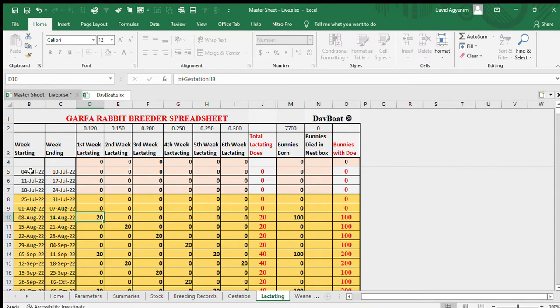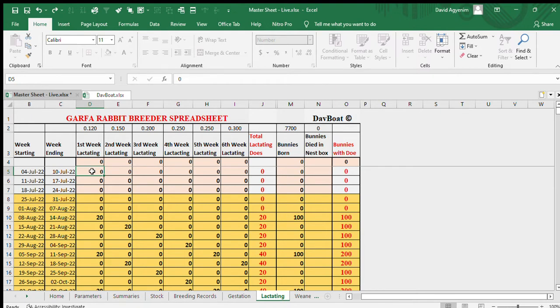So if you started from the 4th of July, you come here and change the number of does breastfeeding at that particular week to that number. Let's say 5 here, and 10 here. You change it to correspond to what the actuals are saying on your farm.